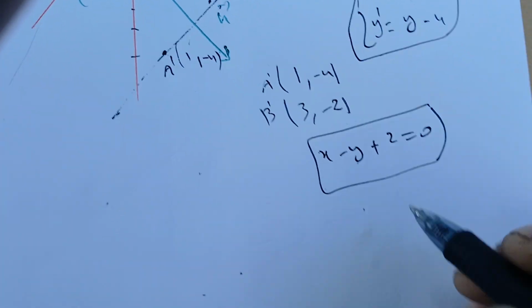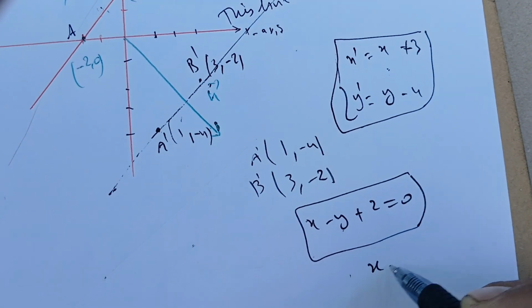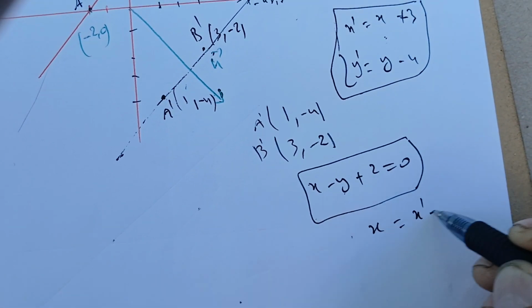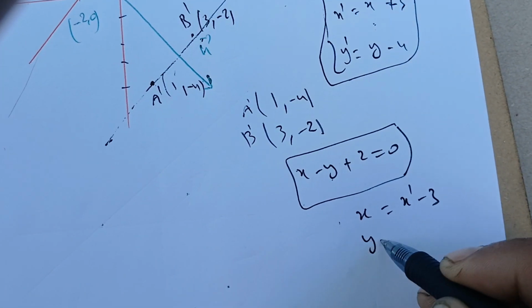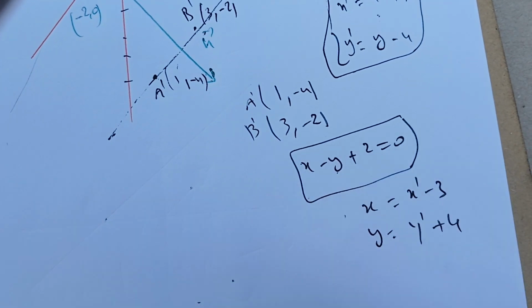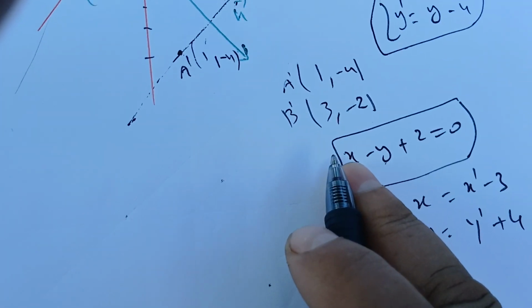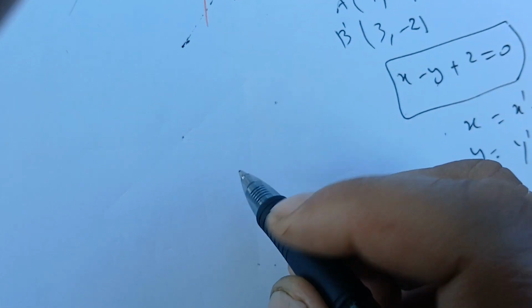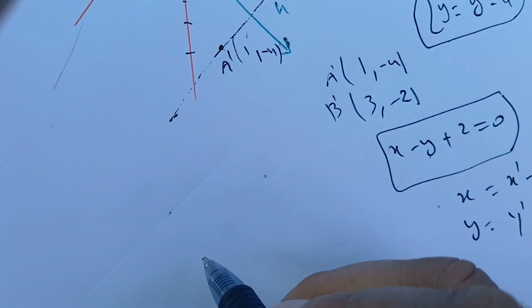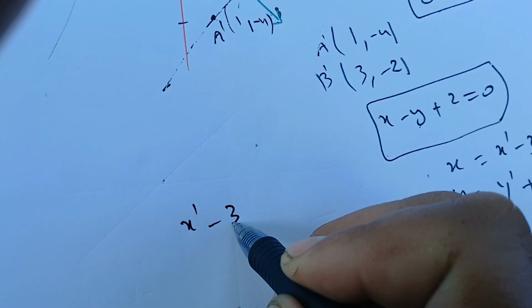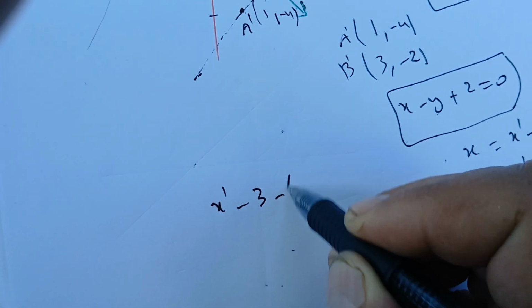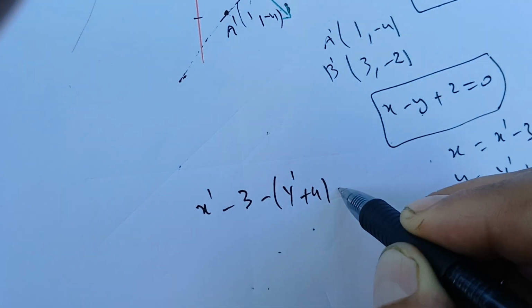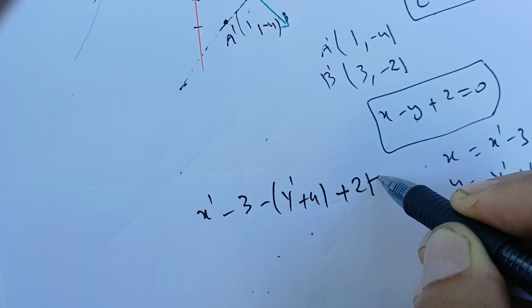If I solve, I get x is x prime minus 3 and y is y prime plus 4. So I can plug in here. x is x prime minus 3, minus y prime plus 4, plus 2 equals 0.